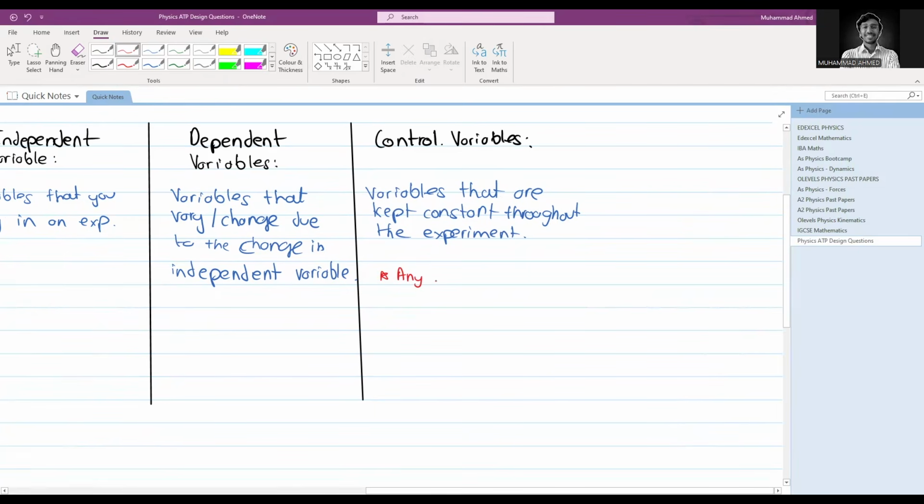Any variable that can affect, please listen to this carefully, any variable that can affect the dependent variable, and here you can write it in brackets, other than the independent variable.